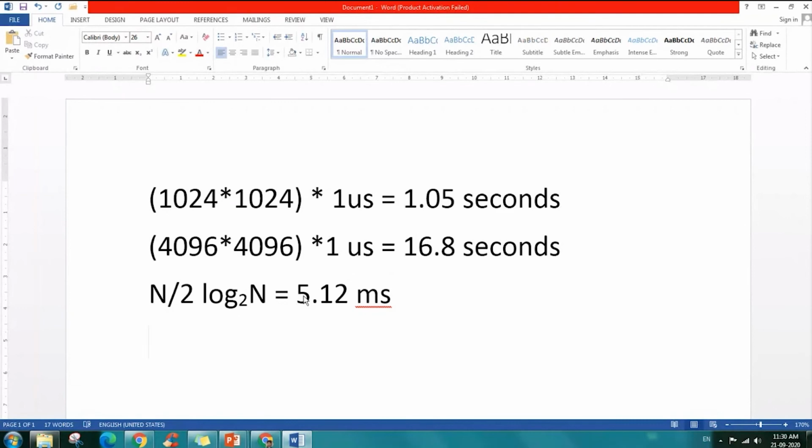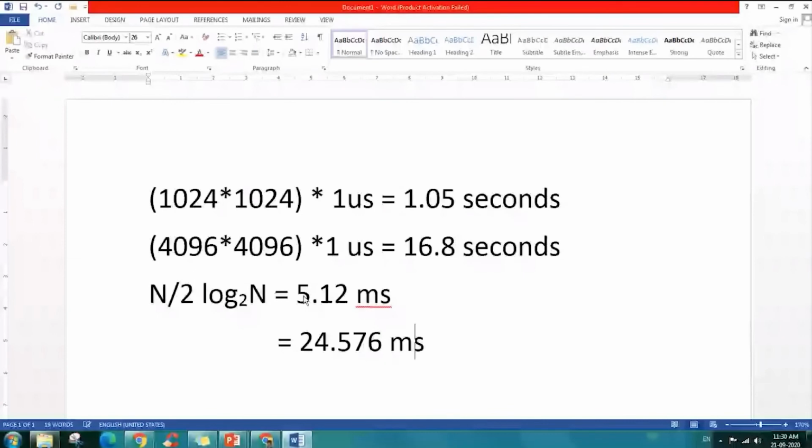Okay, and for the second sequence, that is for 4096, if you apply this equation, the number of multiplications, or you can say the time requirement, is 24.576 milliseconds.